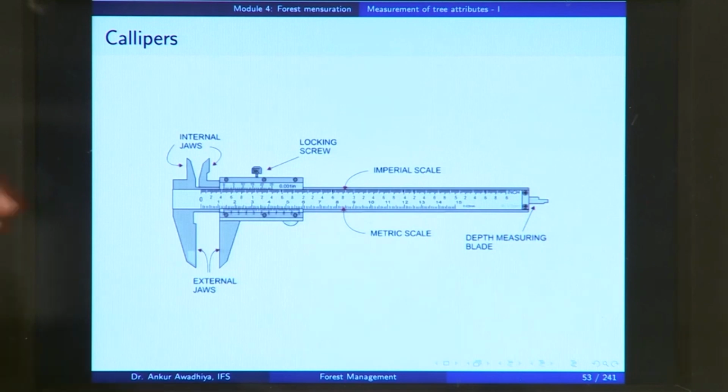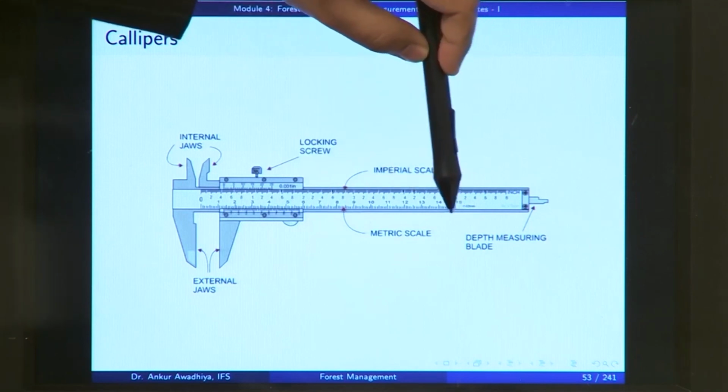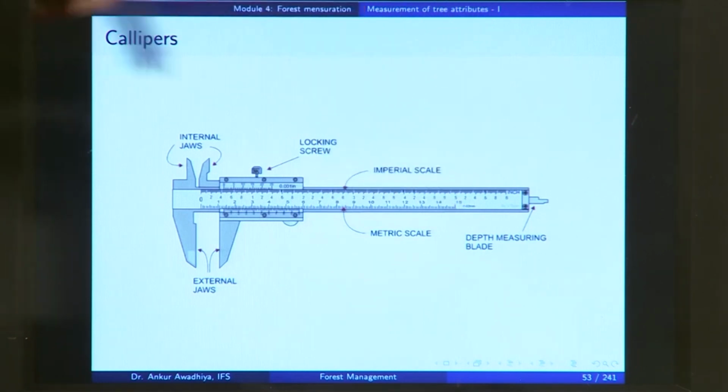When you want to take a measurement, you can move this movable jaw to this position, place your tree such that the diameter comes between both the jaws, pull the movable jaw towards the fixed jaw and then measure the reading from the scale.